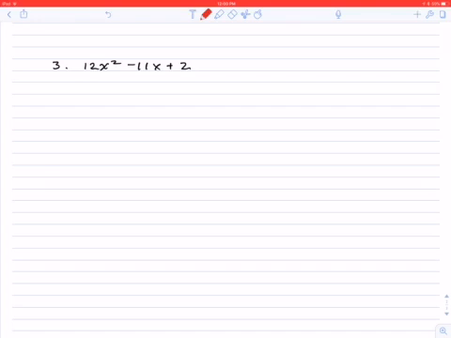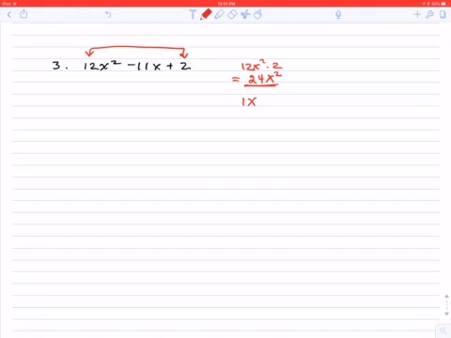So the trinomial 12x squared minus 11x plus 2. To factor it, I'm going to multiply the first term times the last term. So 12x squared times 2 equals 24x squared. Now I want factors of 24x squared.